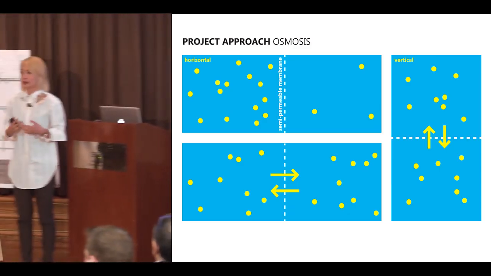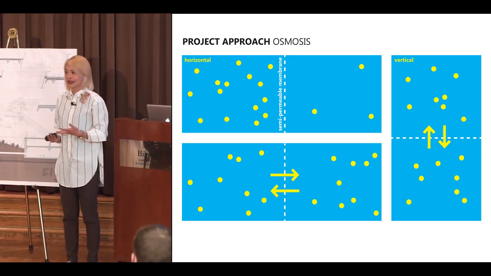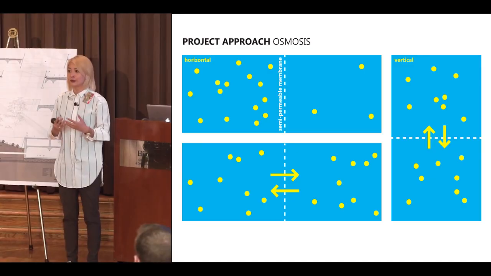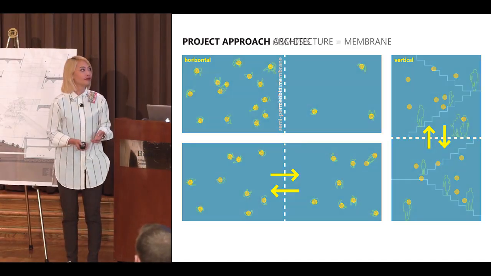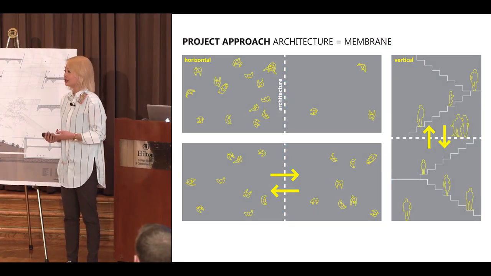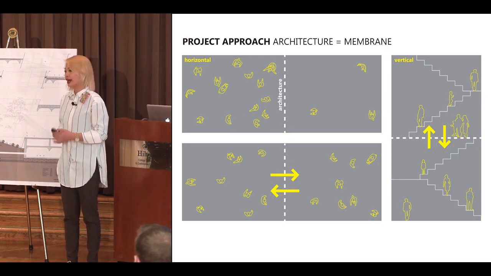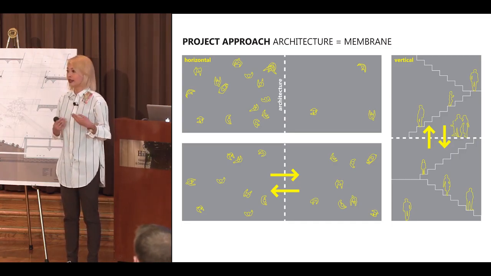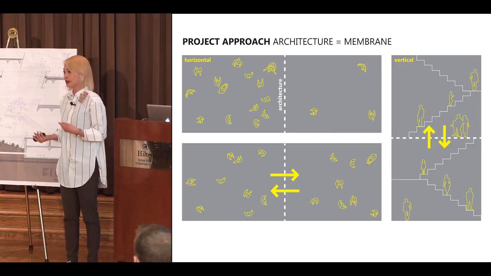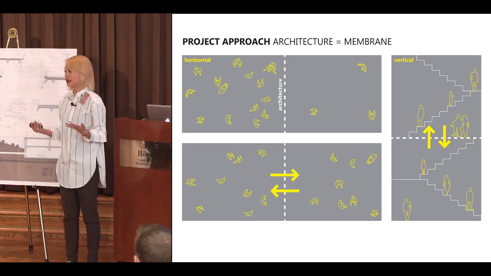Molecules can move horizontally and vertically, and they don't need any assistance to move through that membrane. When this is translated into architecture, we can consider that semi-permeable membrane as architecture. Architecture is what influences and helps people move through spaces to different places and also assists people to move vertically.